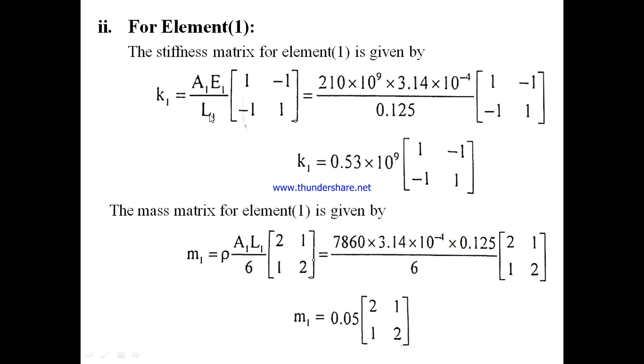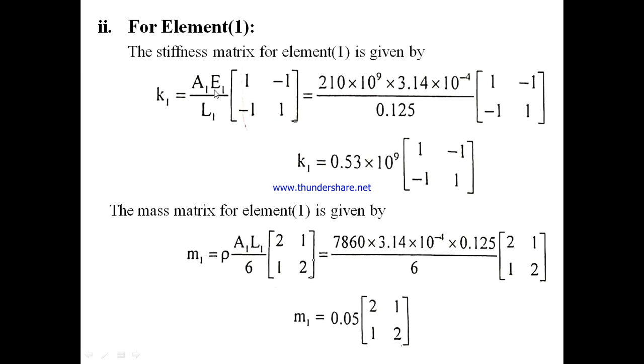So A1 E1 by L1. So area in both the cases remains the same because it is a uniform bar where we have divided into two equal parts. So length we have 0.25, divided by 2, 0.125. Both K1 value and M1 value remain the same because it is a uniform bar.